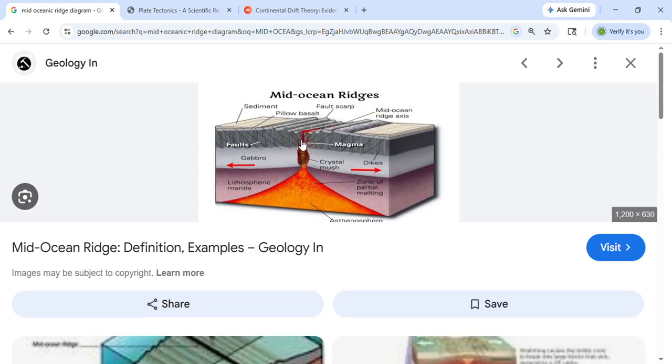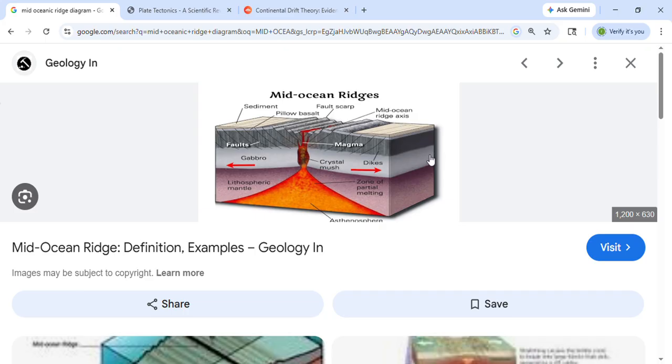Mapping revealed that the mid-oceanic ridges are the most active volcanic regions, and that the rocks near the crest are remarkably young compared to those that are farther away.